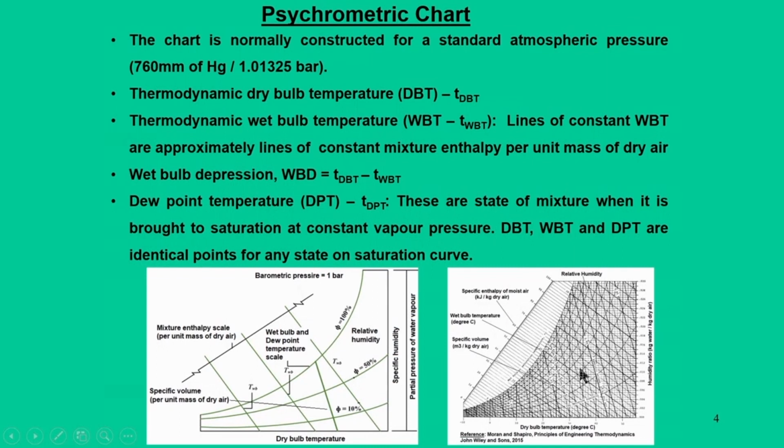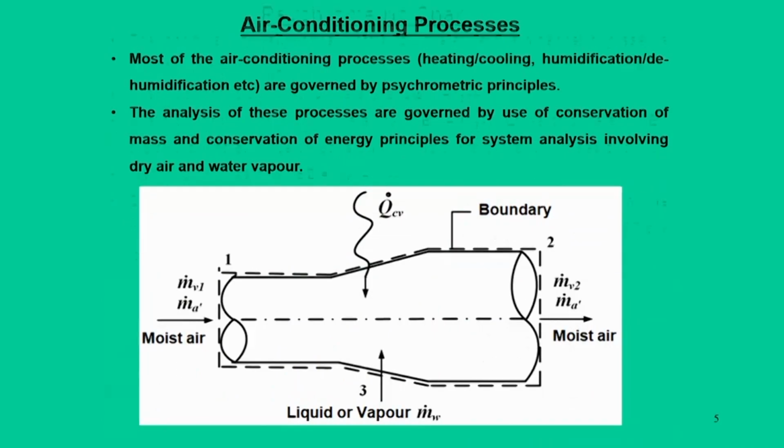This single chart gives you properties directly like wet bulb temperature, dry bulb temperature, specific volume, enthalpy, humidity ratio and relative humidity. I am not going into deep details, but these are very much required to understand the different air conditioning processes.